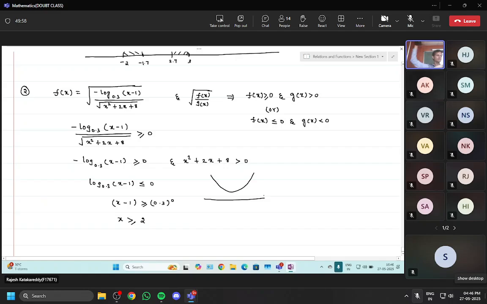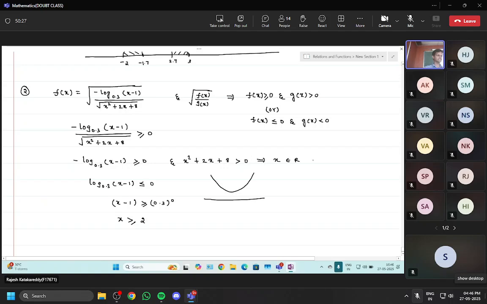It is lying above, which means it will always be positive. Above the x-axis, y value is positive. Below the x-axis only, y value is negative. Unless it is cutting and then coming below, you don't have negative values for the quadratic. That means it is true for all x belongs to real. So whatever x value you put, this inequality is always true.